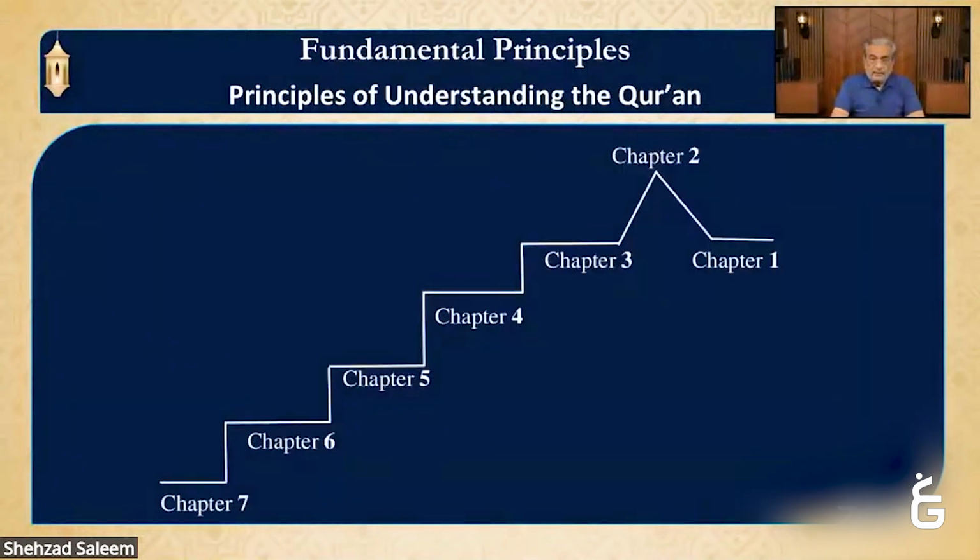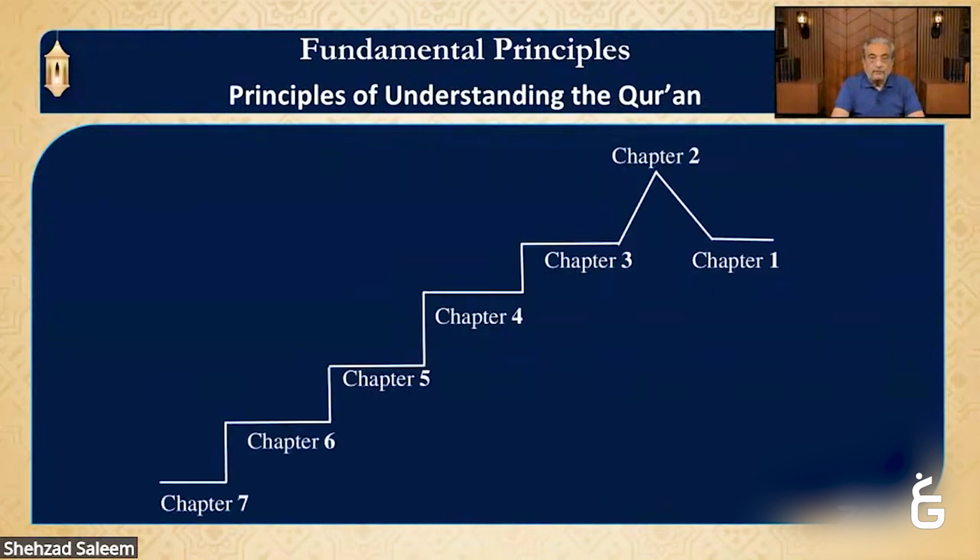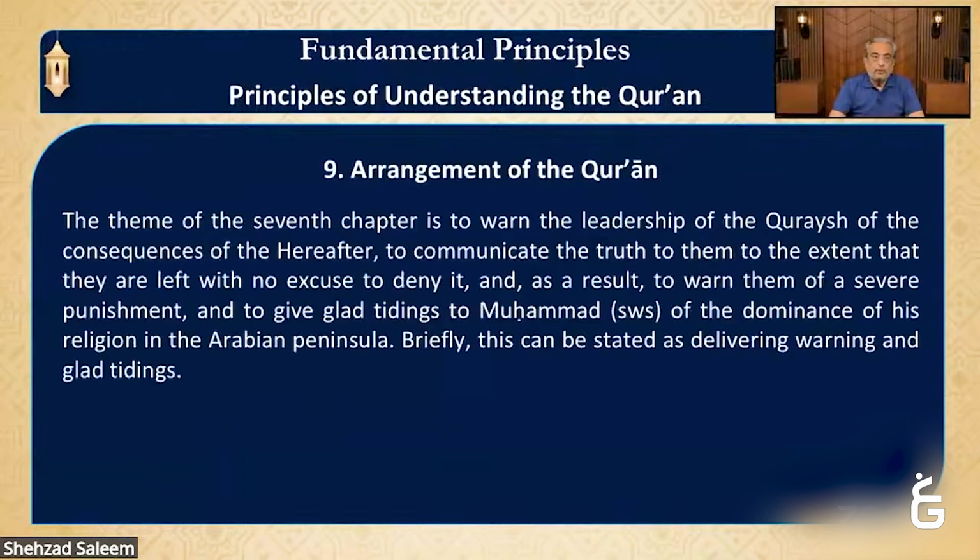So as far as these details are concerned, you can clearly see that the arrangement of the Quran is something that tells us that the Quran reaches its culmination in a very special style, and this rather skewed style is such that we have to understand that each of these chapters has a very specific import.